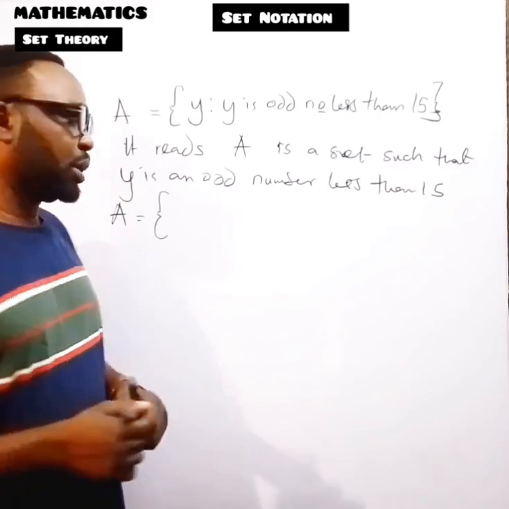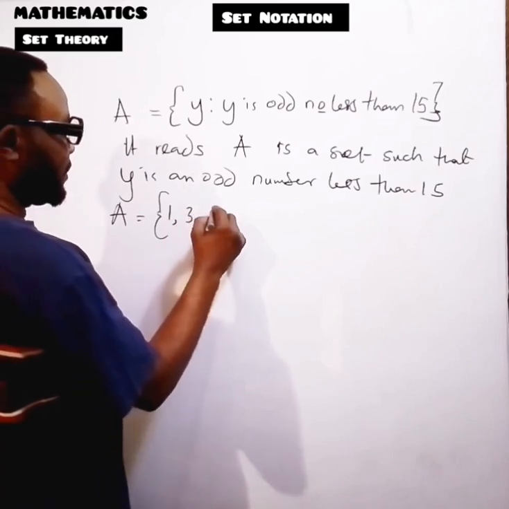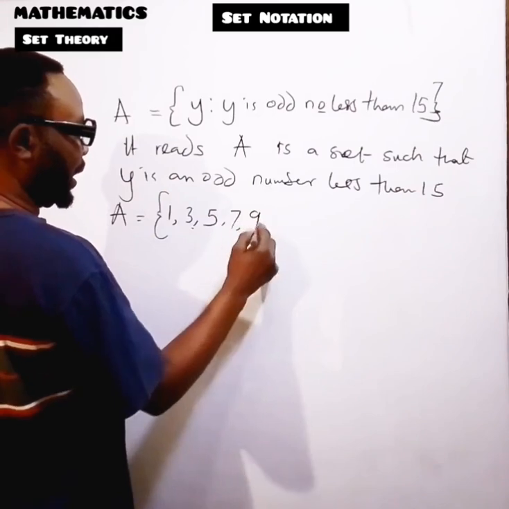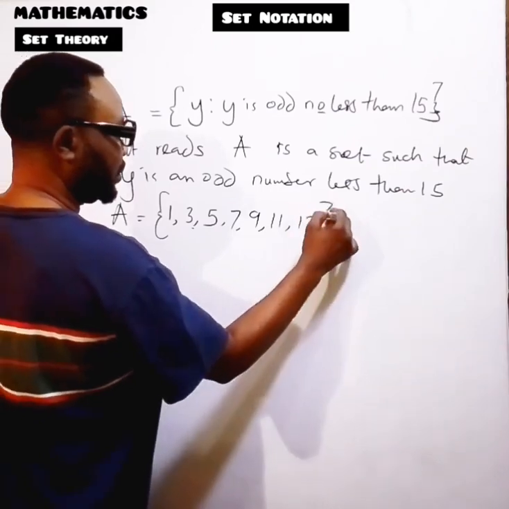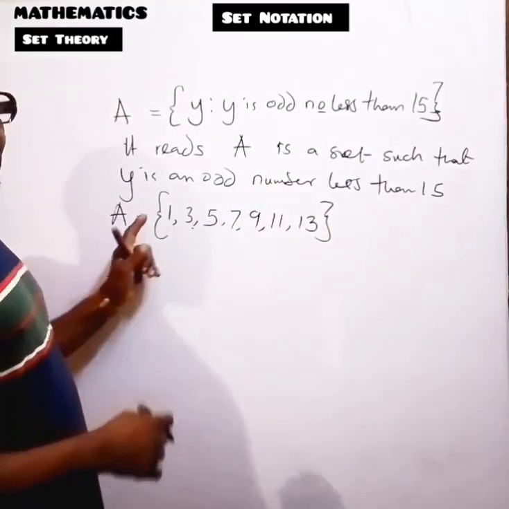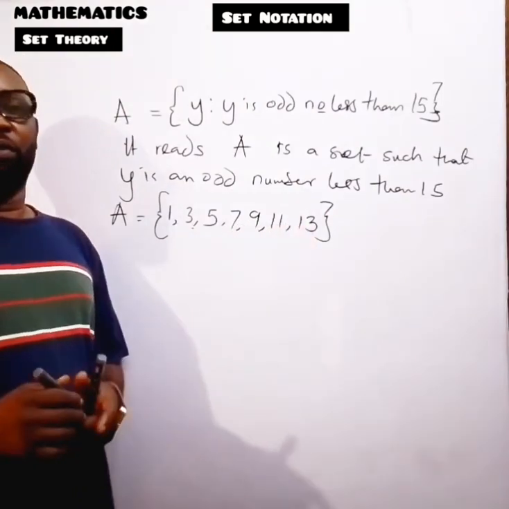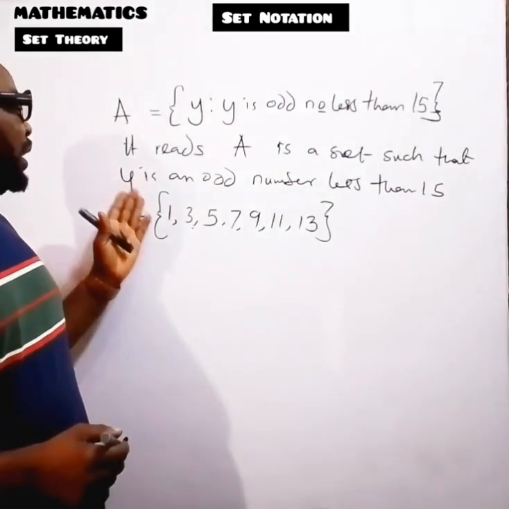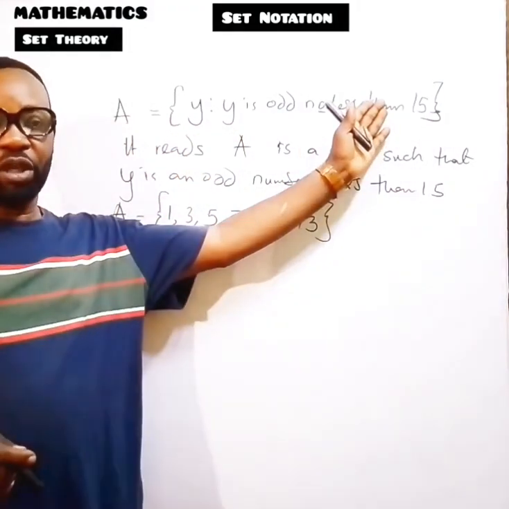So we have 1, 3, 5, 7, 9, 11, 13. How many numbers there? 1, 2, 3, 4, 5, 6, 7. Those are the numbers that are elements of A, according to the information given to us here.